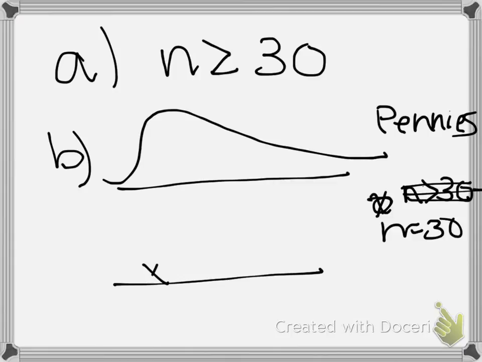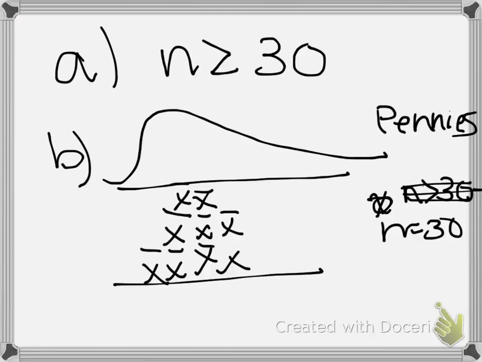When we plotted the sampling distribution of the averages, it turned out normal. And this is the sampling distribution, not the population. So that's why we can use the normal distribution.